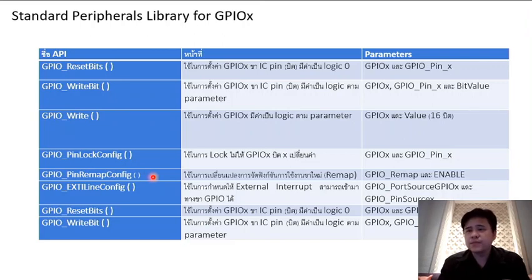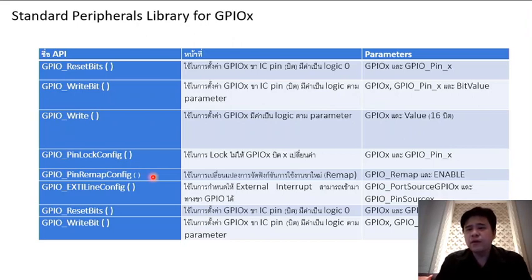It means that GPIOA0 can be this and can be that. But if you find it is very hard to create your PCB or schematic using that default configuration for each pin, then you can use something called remap functions.